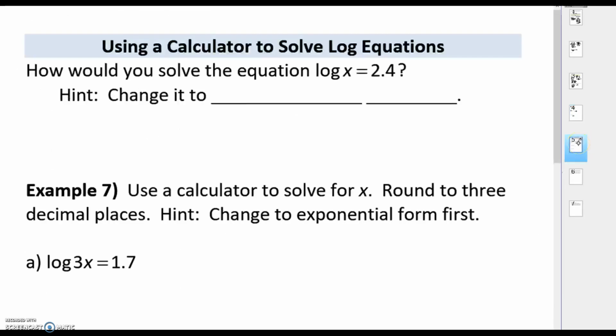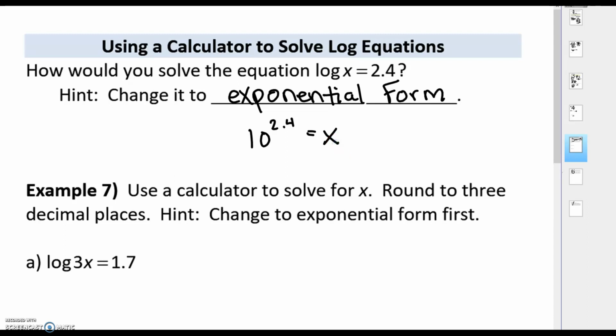All right. So, how would you solve the equation log of x equals 2.4? Hint, we're going to change it into exponential form. So this would become 10 to the 2.4 equals x.